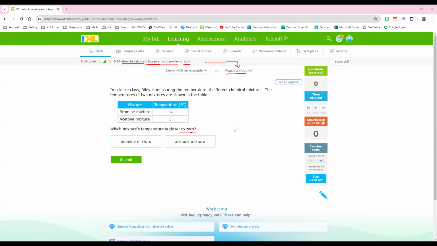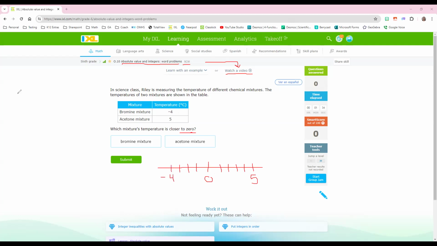All right, one of the ways that you can do this is you can either draw or visualize a number line in your head. Since these numbers are pretty small, let's go ahead and do it with this one. So if we have a number line from 0, then we'd have the numbers 1, 2, 3, 4, 5. And then on this side, we'd have -1, -2, -3, and -4.